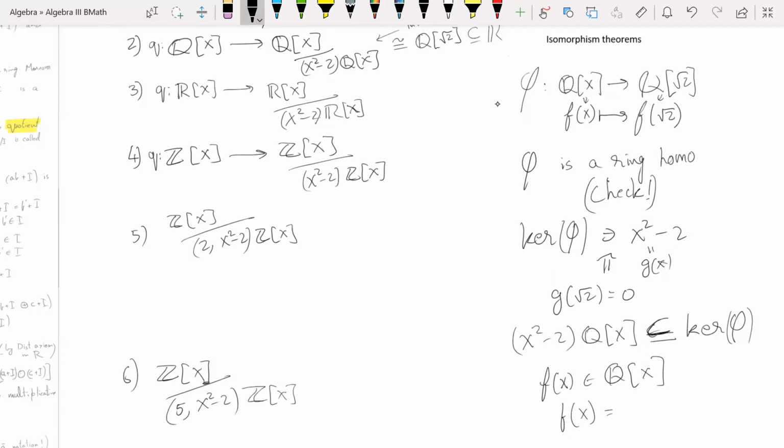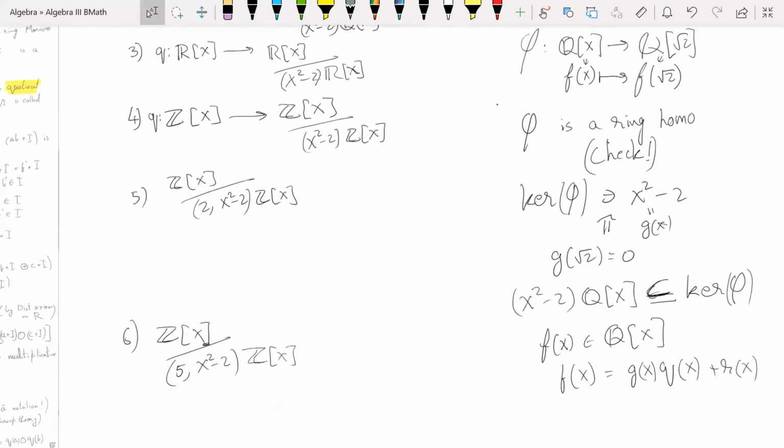g(x), which is our x squared minus 2, so g(x) times q(x) plus r(x), where r(x) is some polynomial of degree 1 or less than 1. Degree of r(x) is less than or equal to 1.